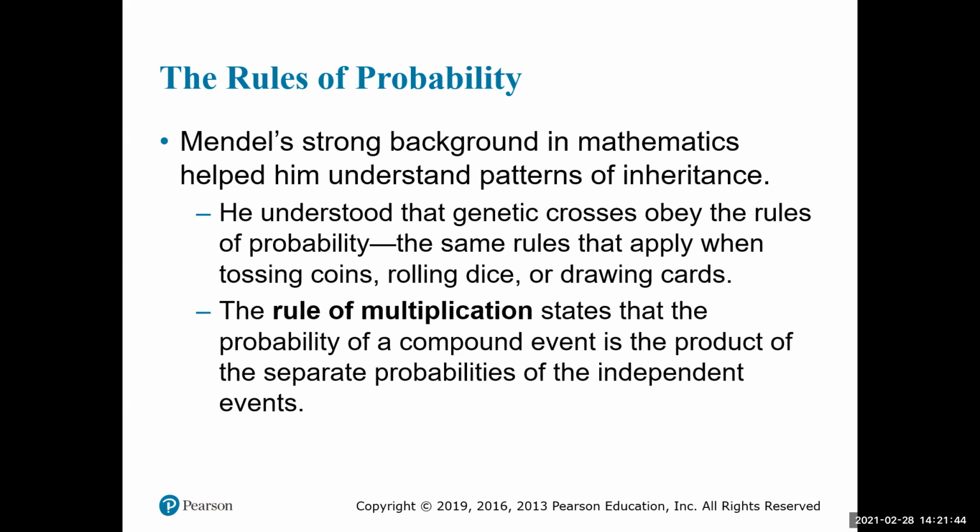Like tossing a coin, rolling dice, or the probability of drawing certain cards, and you can take those probabilities and apply them to the rule of multiplication, which basically says that the probability of a compound event is the product of their separate probabilities.